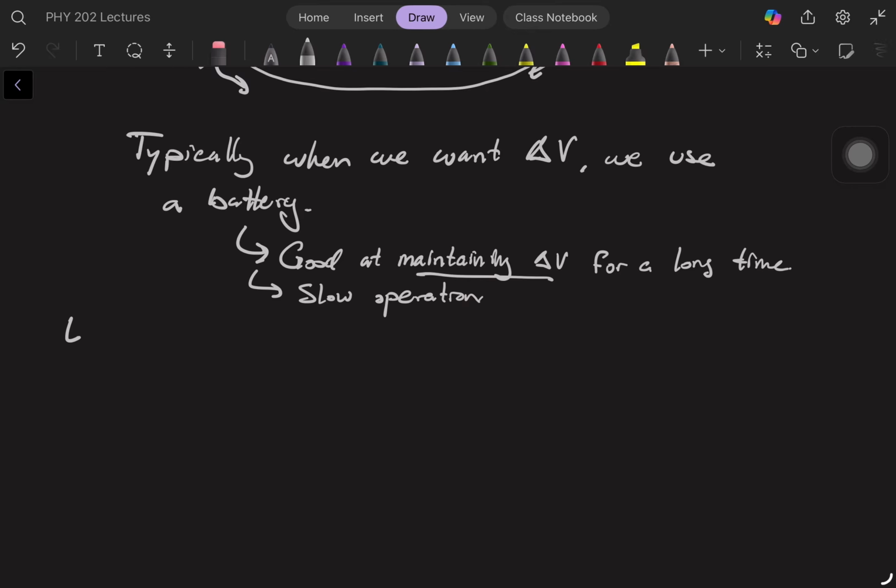So let's try to figure out how much charge can be stored on our plates.